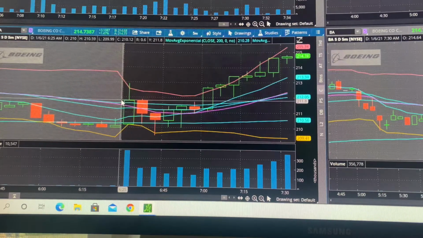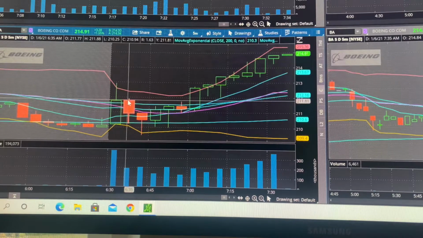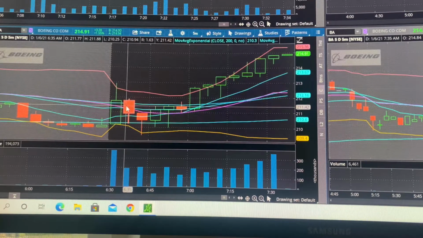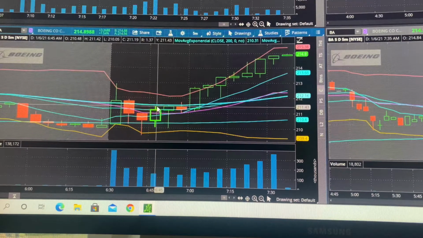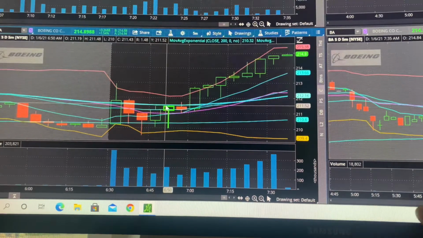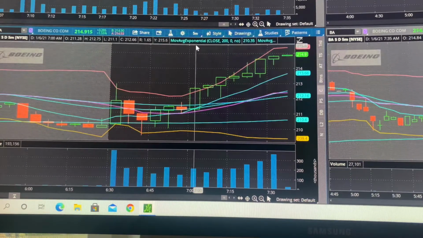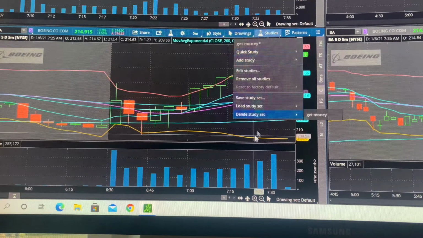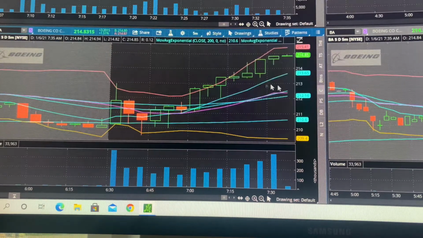You see that the stock market opens at 6:30 here in California, and the next candle over is 6:35, 6:40, 6:45, 6:50. So this is teaching you how to read stocks on a chart level, because not too many people really know how to look at stocks.